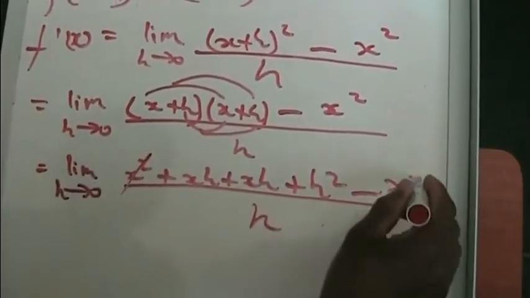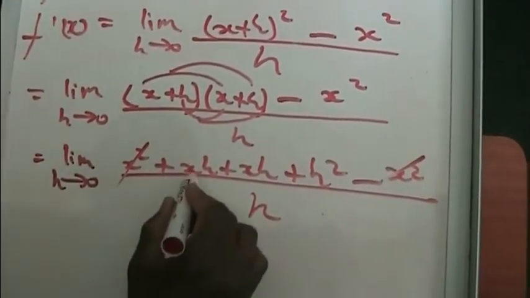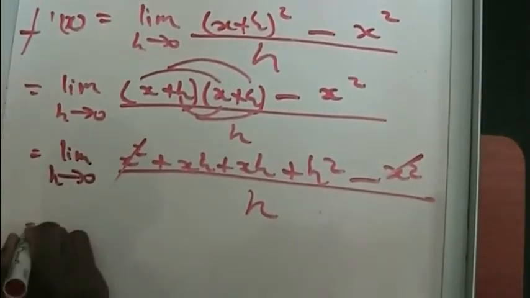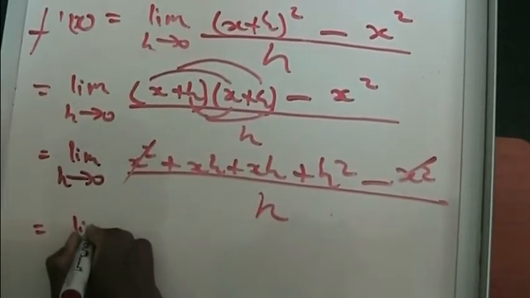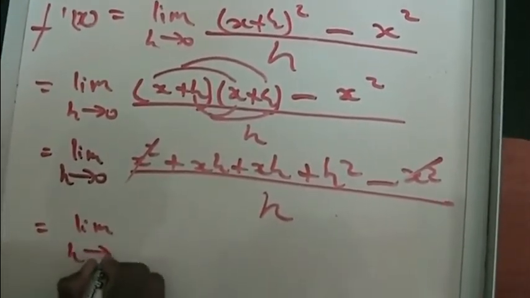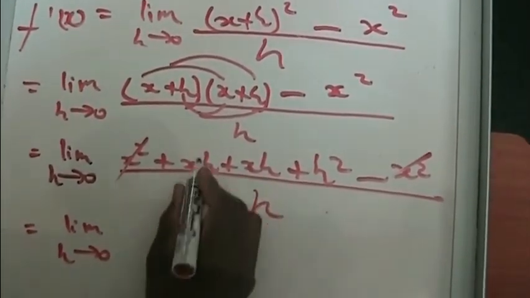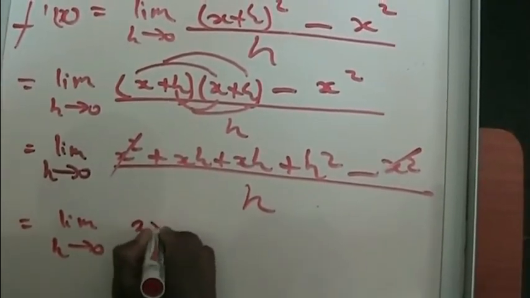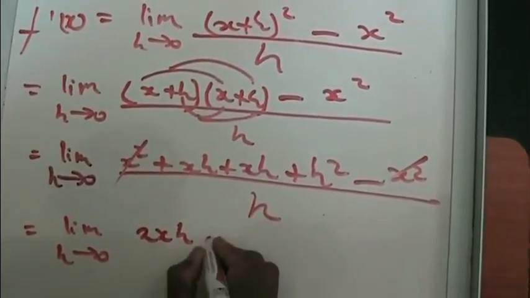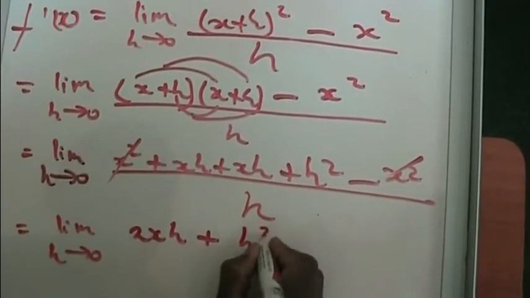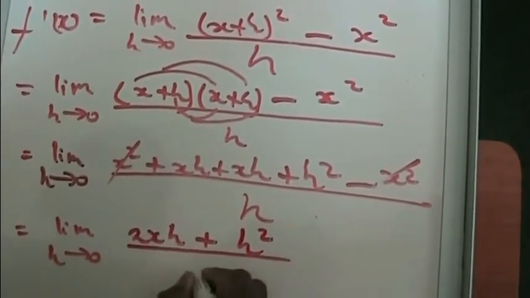Therefore, in like terms, x squared and x squared are gone, and this is equal to limit as h tends to 0 of 2xh plus h squared over h.